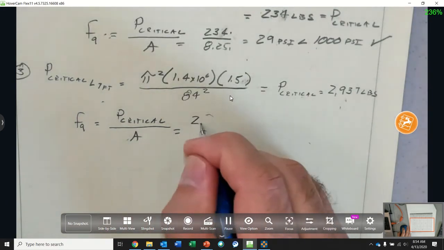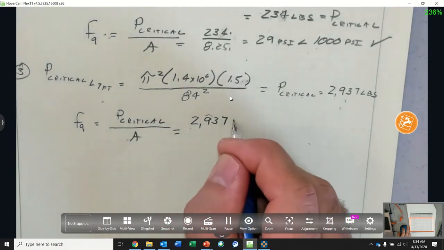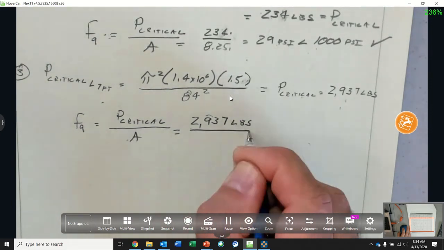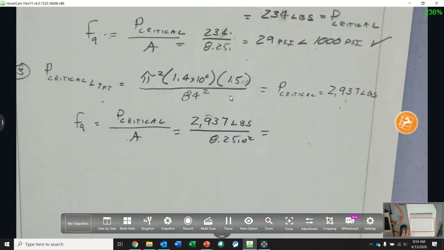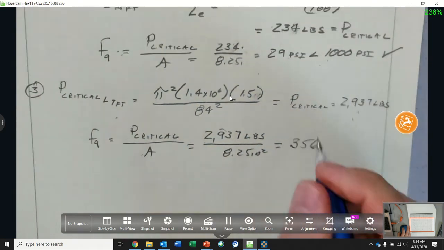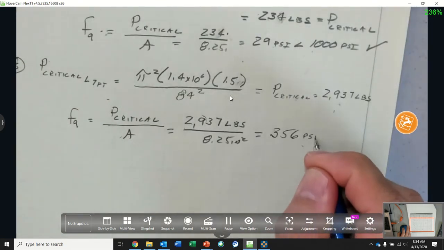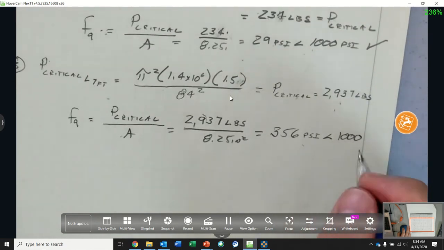So now we have 2,937 pounds divided by 8.25 square inches. 2,937 divided by 8.25 equals 356 psi, and we're still less than our allowable, right, which is 1,000 psi.